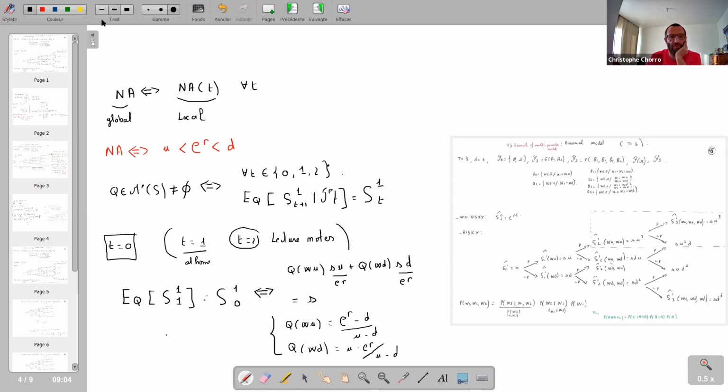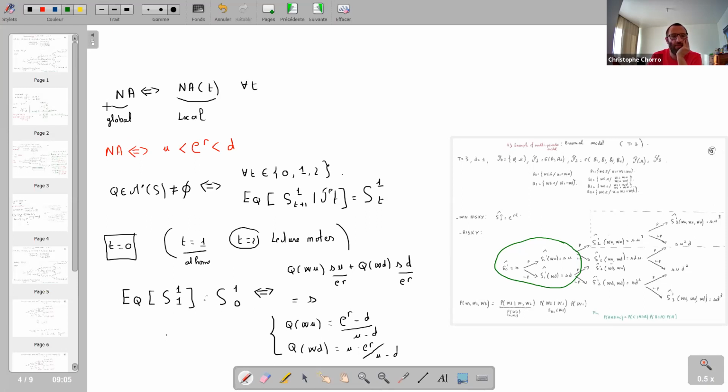So for this submodel of size 1, the martingale condition tells me that Q(ω_U) has to be equal to this quantity, and Q(ω_D) has to be equal to this quantity.